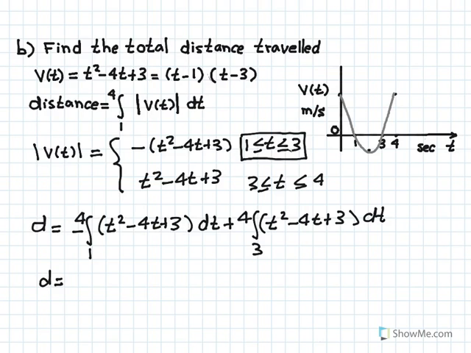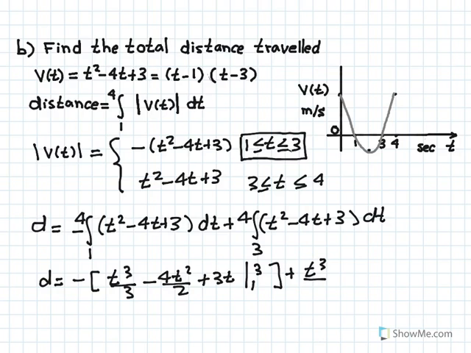So now let's integrate. We get minus the integral: t cubed over 3 minus 4t squared over 2 plus 3t, all evaluated from 1 to 3, plus the second integral: t cubed over 3 minus 4t squared over 2 plus 3t, evaluated from time 3 to 4.